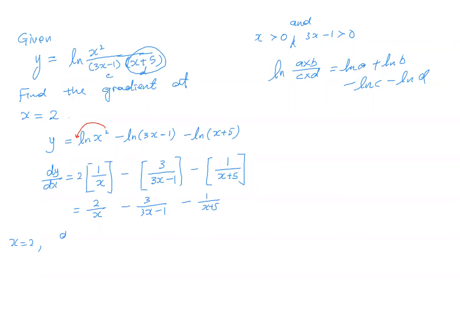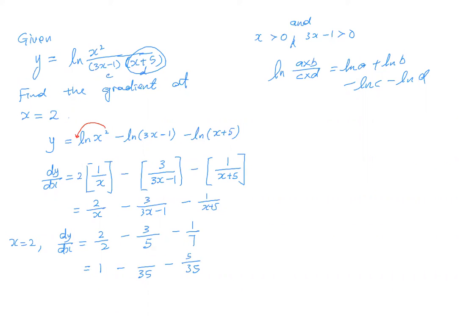So my dy/dx will be 2 over 2 minus 3 over 5 minus 1 over 7. So the denominator will be 35. Here will be 35, here will be 35. Right?